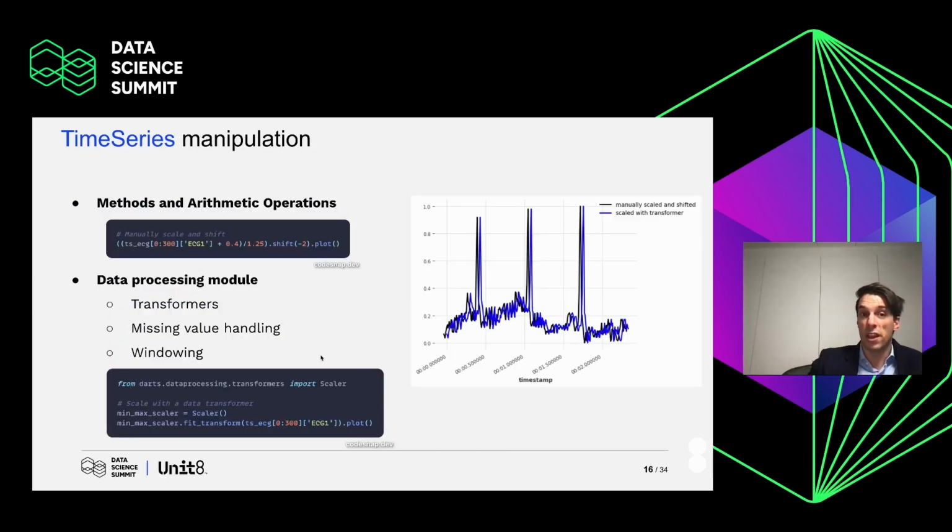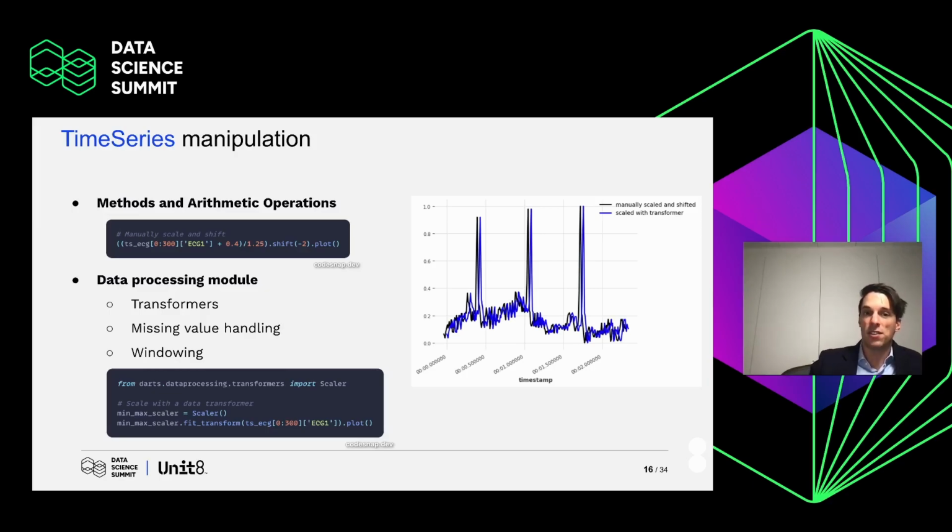This time series object also supports a lot of methods and arithmetic operations one would like to use, like shifting and scaling. Next to these arithmetic operations, we also have a data processing module which allows us to use transformers, do imputation of missing values, or windowing.